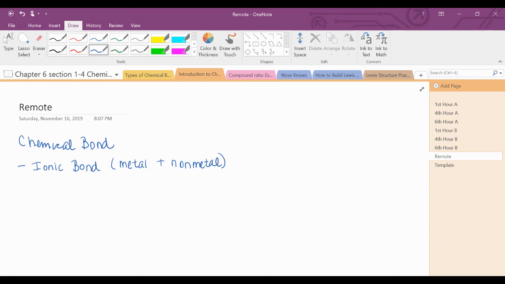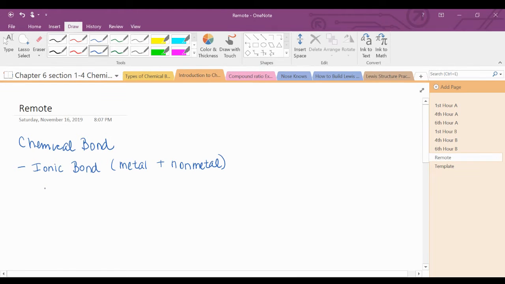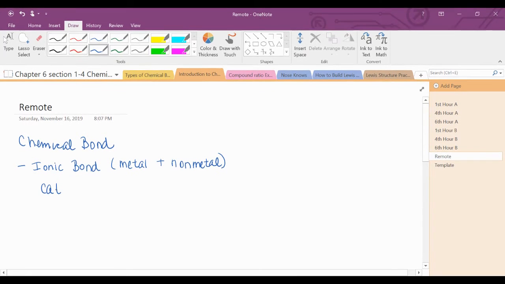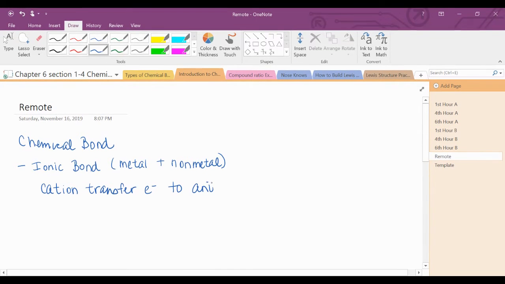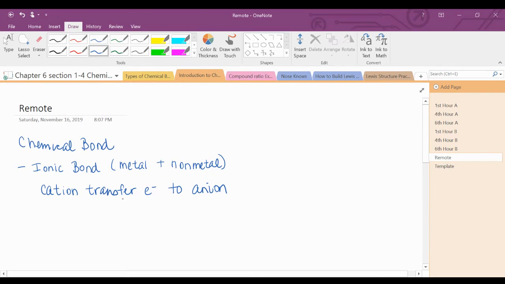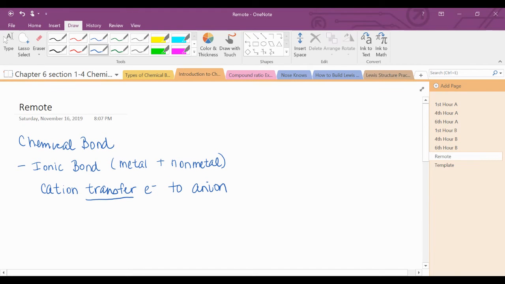And we know that nonmetals have a high electron affinity, so they gain electrons, and so they form our anions. So what happens in an ionic bond is that you have a cation that transfers its electrons to the anion. So the word transfer here is kind of the key idea behind ionic bonding.